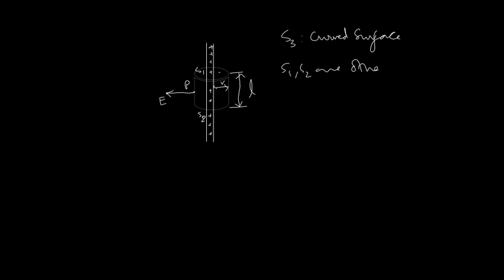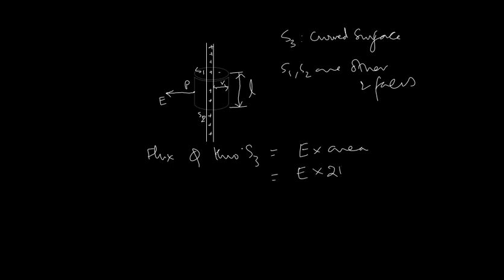The surface area of the curved part is 2 pi r L, because 2 pi r h is the surface area. Therefore the flux phi through the Gaussian surface S3 is E multiplied by the area, the curved surface area, so E into 2 pi r into L.